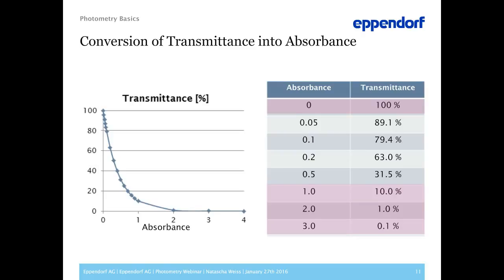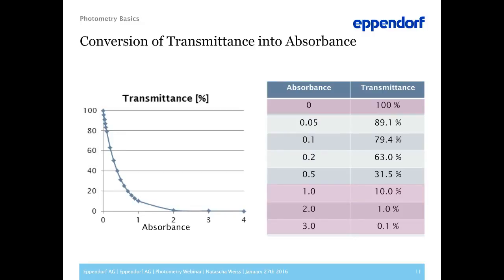An absorbance of 1 is equal to 10% light transmittance, and an absorbance of 2 corresponds to 1% transmission. Much higher absorbance values will not be suitable, since any further increase in concentration will reflect only slight changes in absorbance, and the amount of light which reaches the detector will be too low.